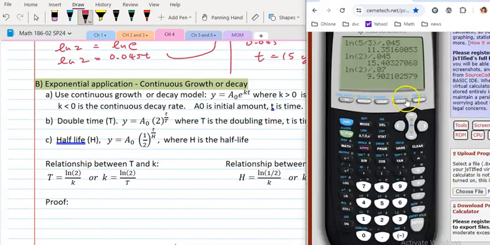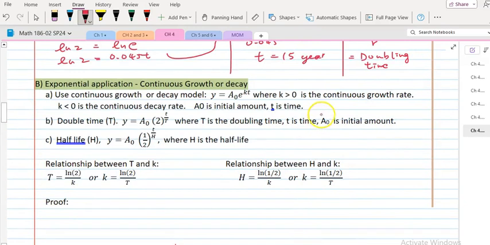And the reason is ln 2 over the rate is the doubling time. So if your bank gives you any rate like 5% or 5.6%, you can just pull out your calculator, ln 2 over it, and that would be the doubling time. And in general, you can use it not only for investment, but for other growth or decay.